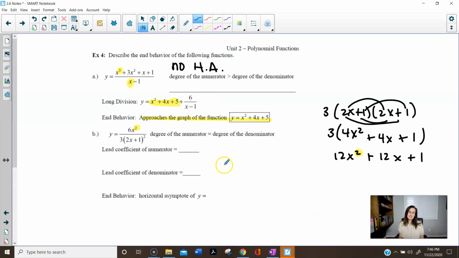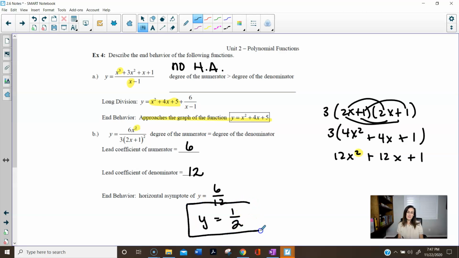So if the coefficient in the numerator is 6 and the coefficient in the denominator is 12, then the end behavior is going to approach this horizontal asymptote of y equals 6 over 12, which is going to be y equals 1/2. And so if you were to graph this, those ends as you go to infinity or negative infinity are going to get closer and closer and closer to 1/2, the horizontal asymptote.